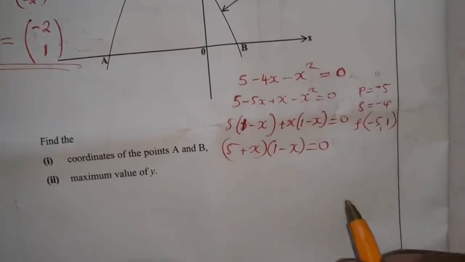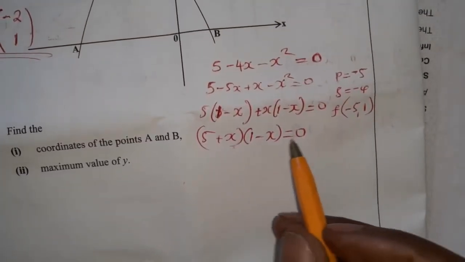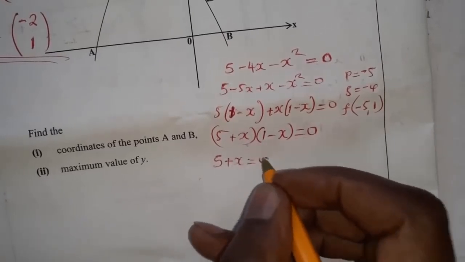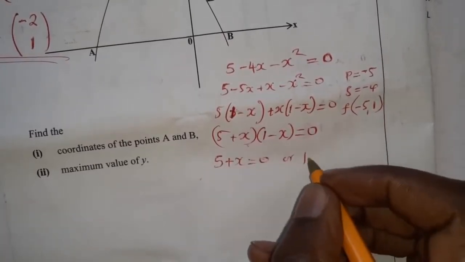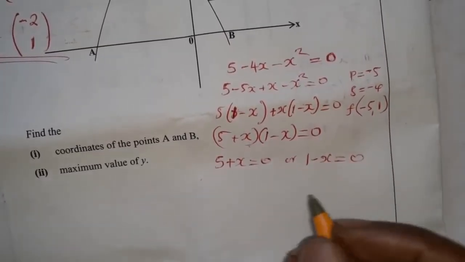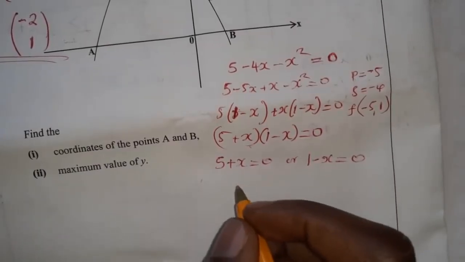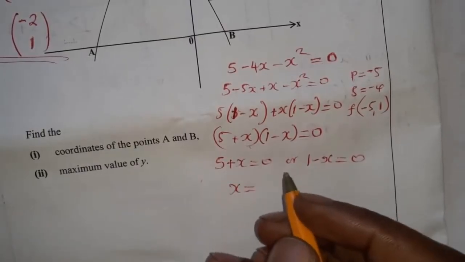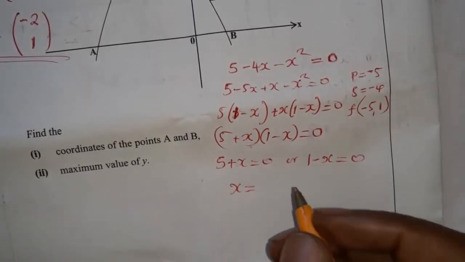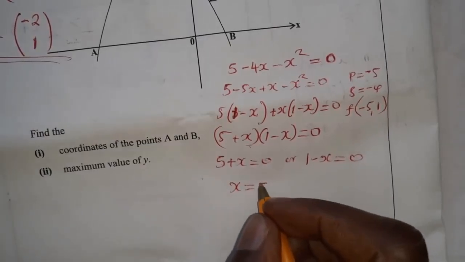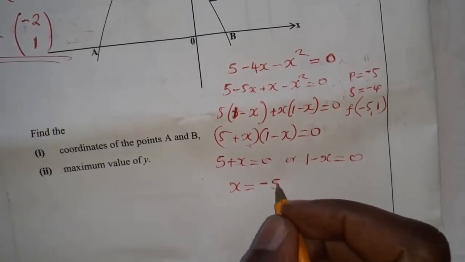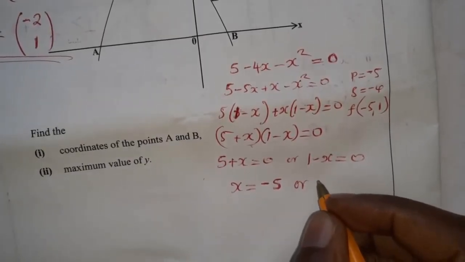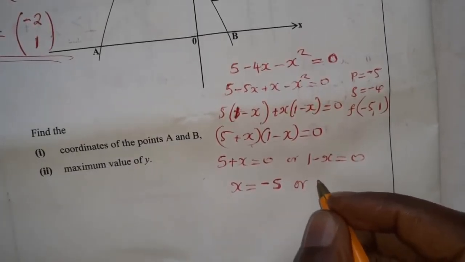At this point, we need to equate each one of these factors to 0. 5 plus x is equal to 0, or 1 minus x is equal to 0. So this is going to be x here. When this one goes the other side, we're going to have -5. Or this one, it will be like 1.